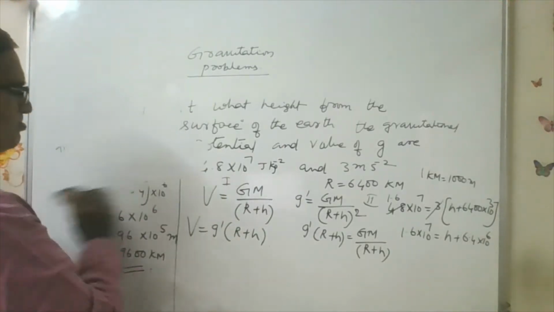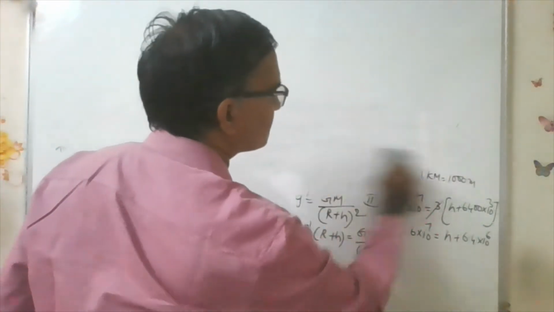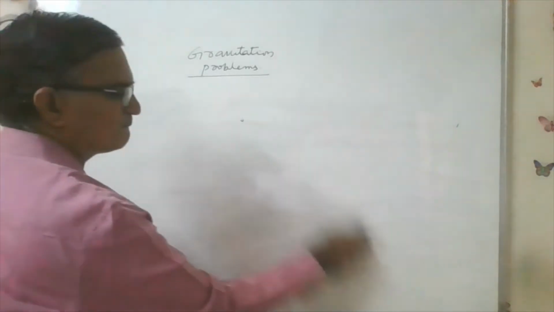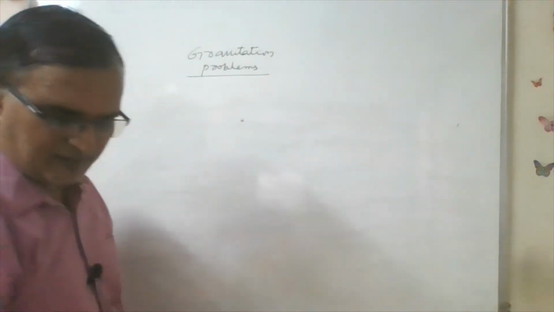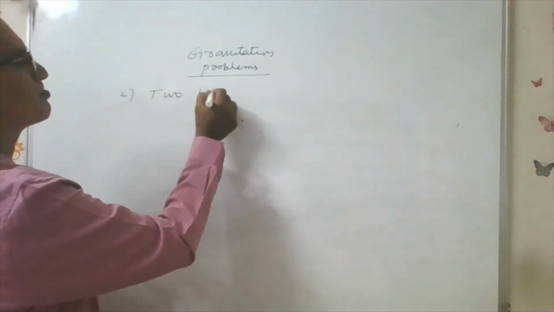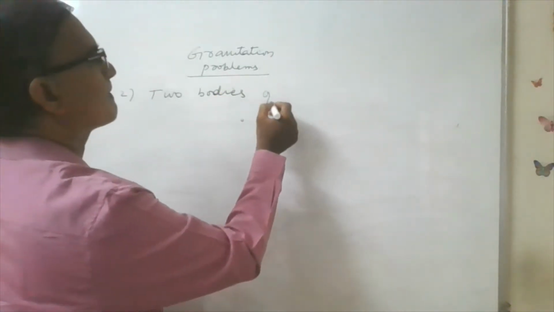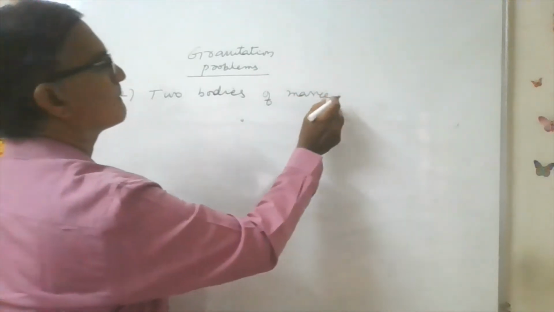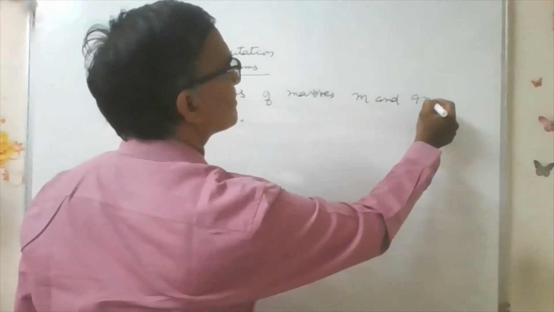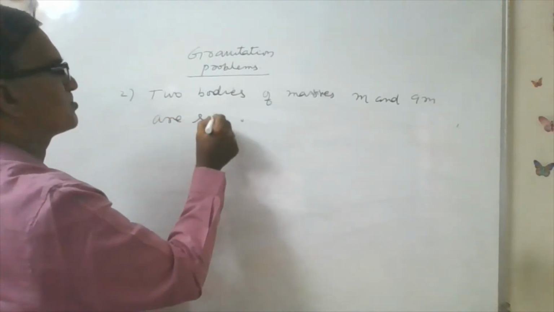Next problem. Two bodies of masses m and 9m are separated by distance r.